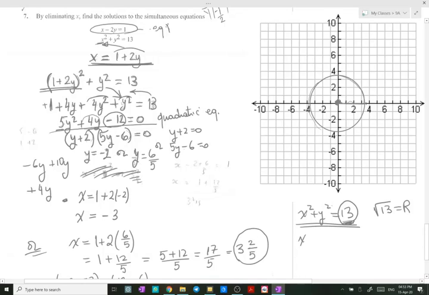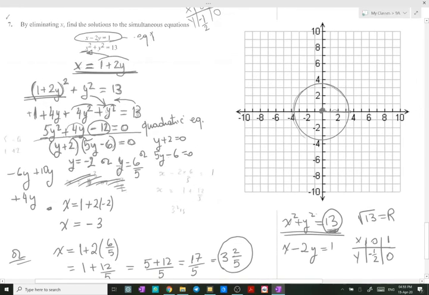We still need to graph x minus 2y equals 1. We need the t-table. So when x is 0, the value for y is minus 1 over 2, and when y is 0, the value of x is 1. So this is the table of intercepts.